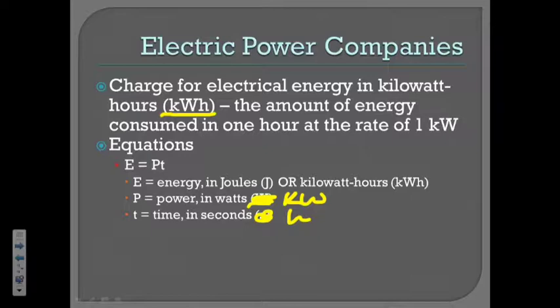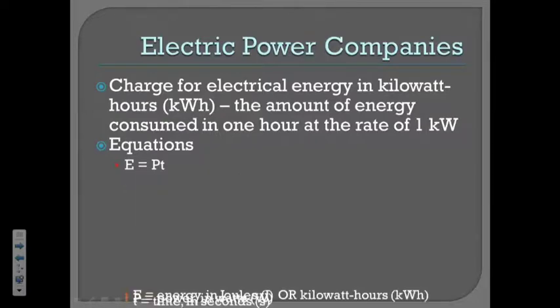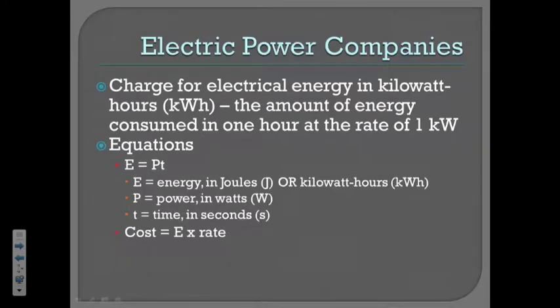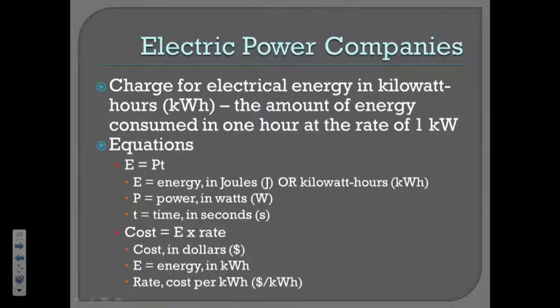Okay? So keep that in mind. But if you're just going to calculate pure energy, you need to use the other units. So if you're going to calculate how much it costs to run a light bulb or a TV, you need to use kilowatt hours.